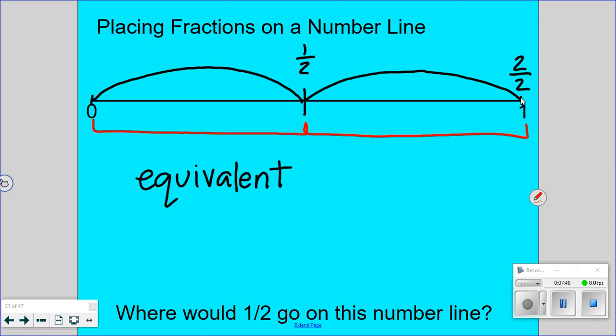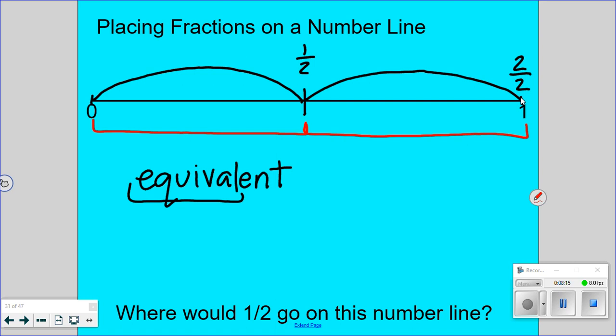And in that word, it almost looks like we see the word equal. Do you see the part that looks similar to equal? It's not exactly, but it looks very similar to the word equal. If something is equivalent, that means that it has the same value. So a lot of you are seeing things that have the same value that look different, and you're telling me it's the commutative property.